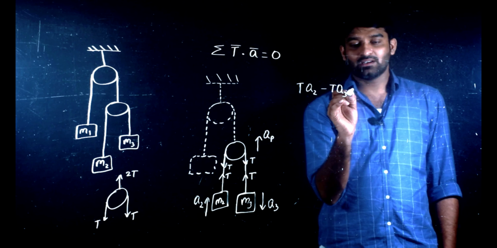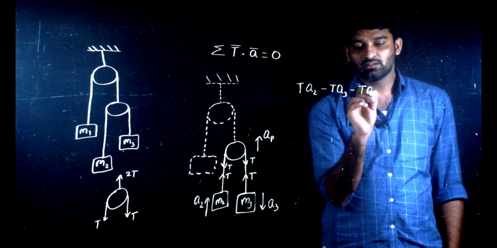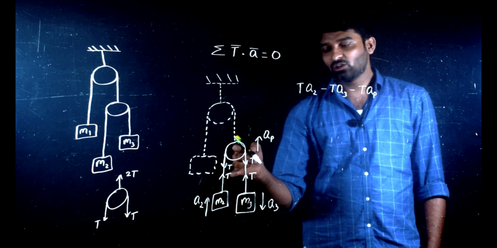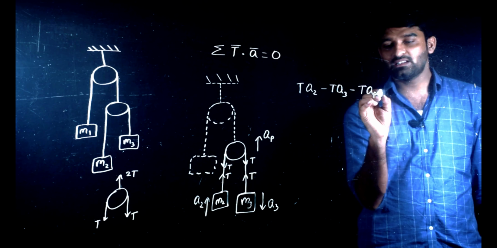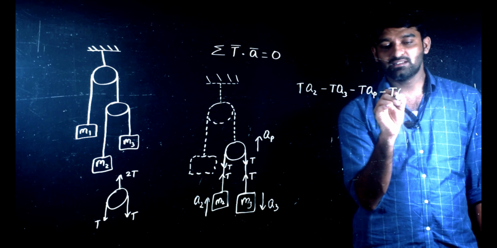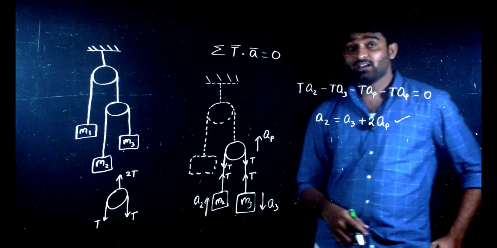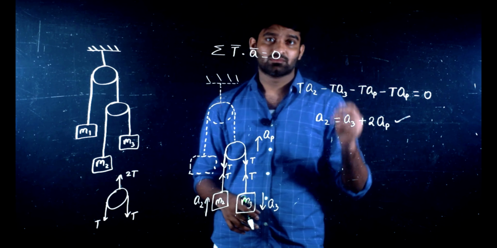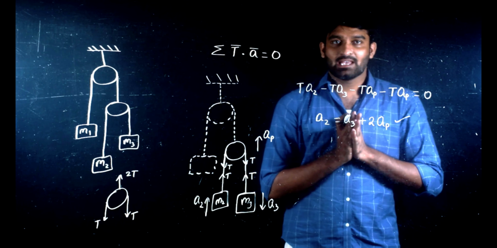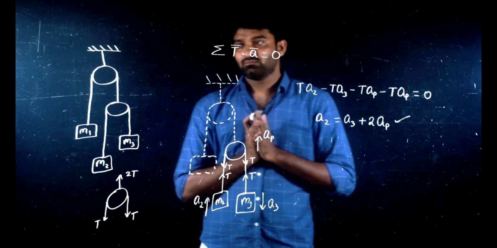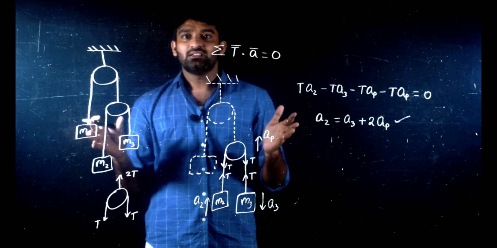That tension and AP are again opposite, so minus T AP. And this tension is acting on the pulley and its acceleration is again AP, so again minus T AP because they are opposite. That's it. Again you got it, just like that.